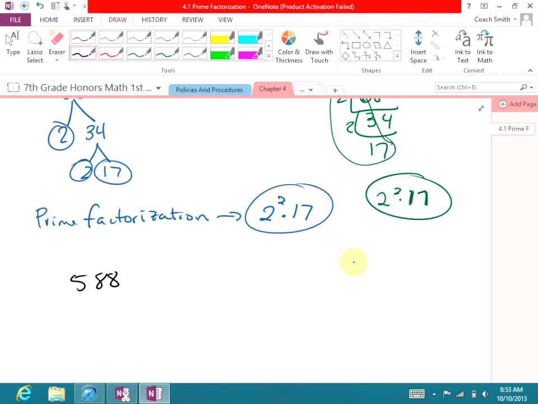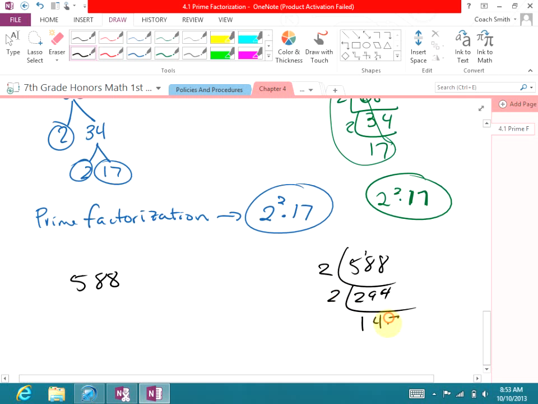Well, if you're going to do that, you might as well just take 588, stick it in the inverted division, and go 2 goes into that 294. Because 2 goes into 5 2 times, remainder 1. 2 goes into 18 9 times, remainder 0. 2 goes into 8 4 times. Then you got 2. That's 147.